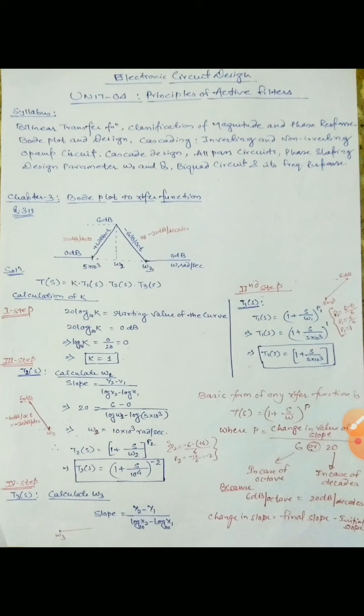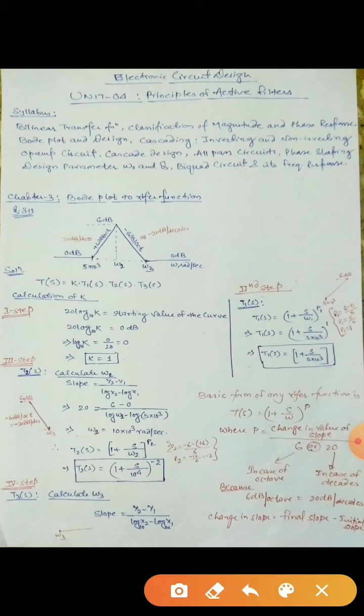First change in the value of slope is at the frequency of 5 into 10 to the power 3 here. Then the second change in the slope of the transfer function is at the frequency of omega 2, this one, and the third change in the value of slope is at the frequency of omega 3.